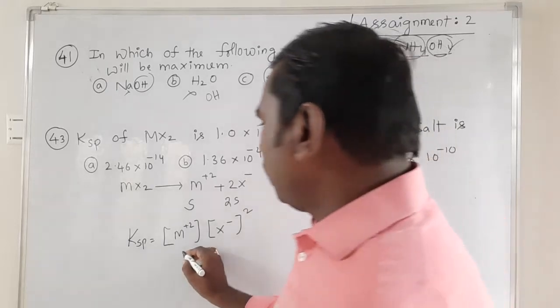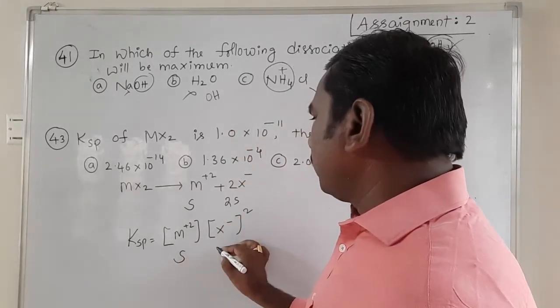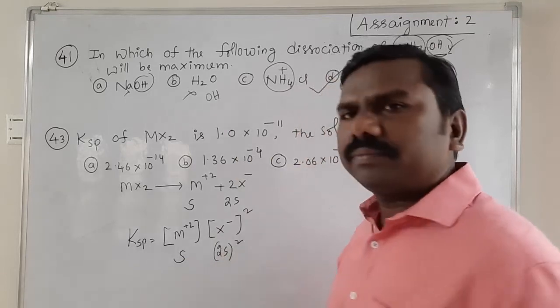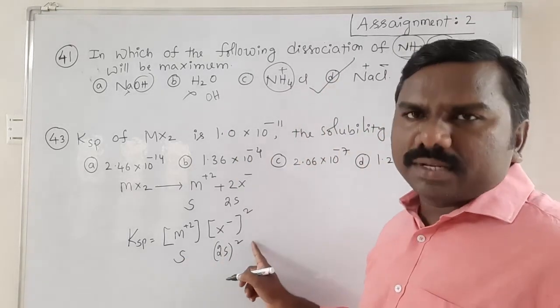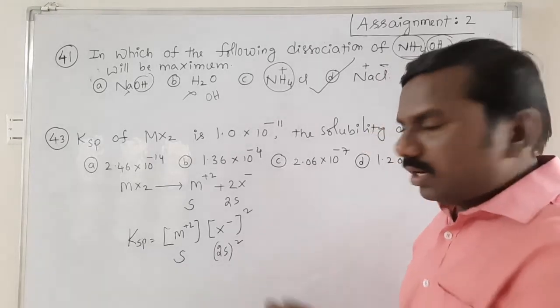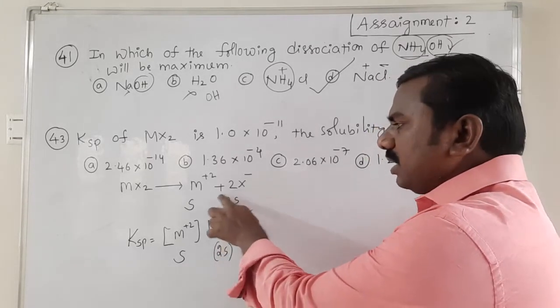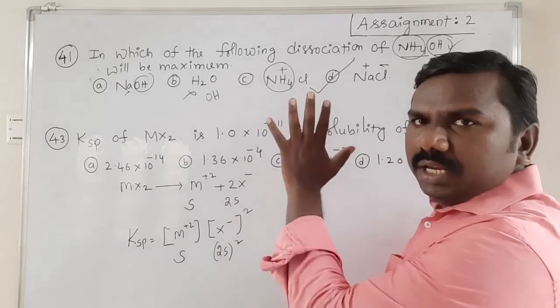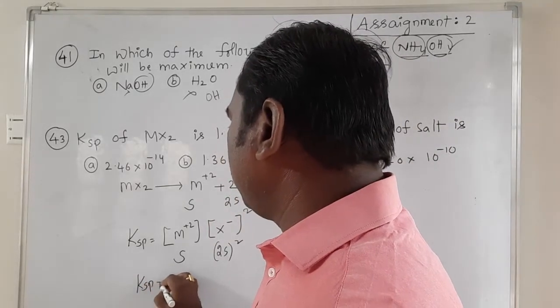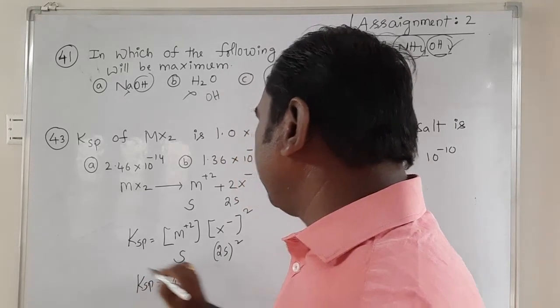For M the solubility is S, for X the solubility will be 2S squared. 2S squared means 4S squared, 4S squared into S, 4S cube. Remember here, you have to consider 2S totally. So Ksp is equal to 4S cube.